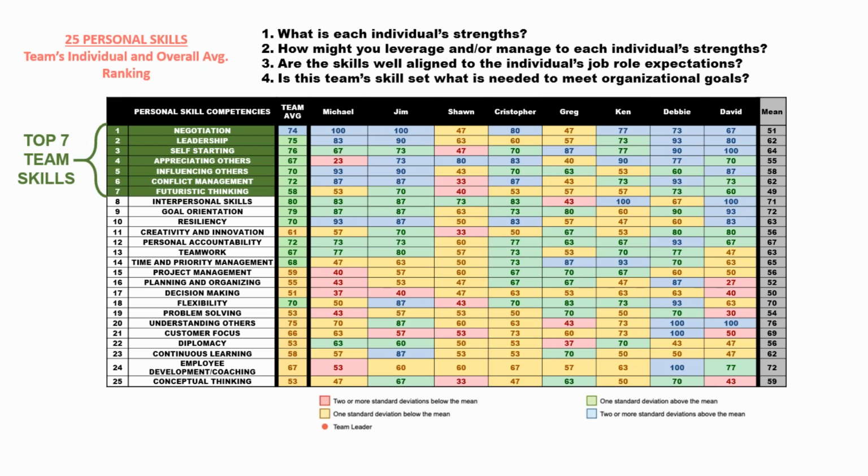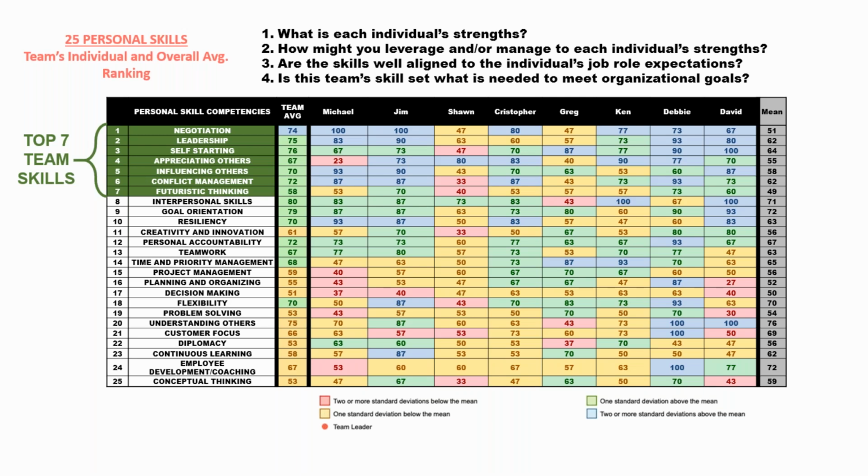So if you were in a sales organization, these top 7 skills would be totally different than what's listed here. And then it lists how each person scored in those personal skills. Obviously, if it's 100, that's high, and if it's 10, that's low.